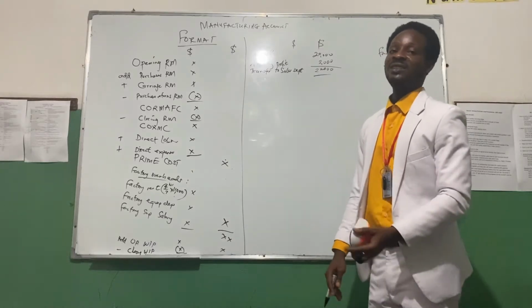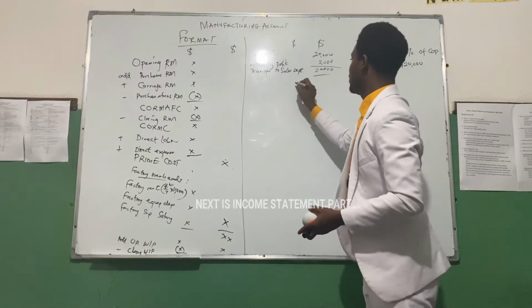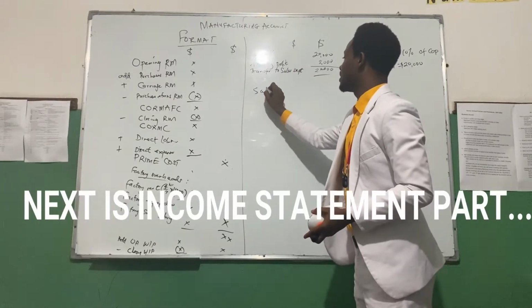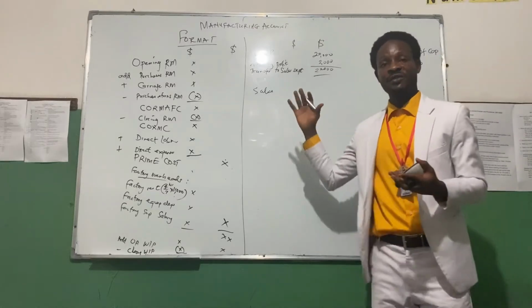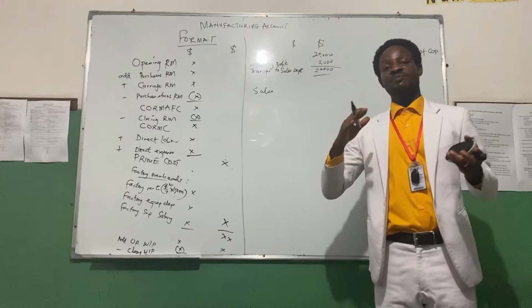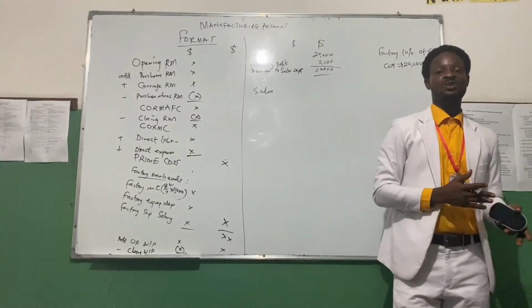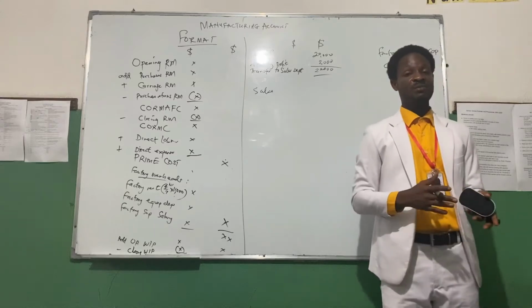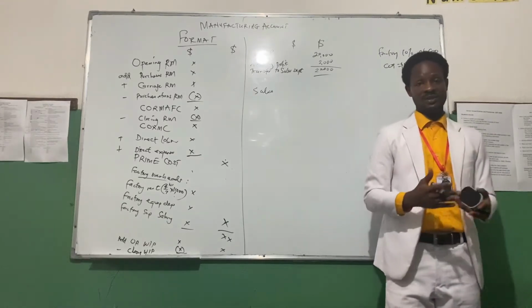Now the next thing is the income statement proper. Of course, the sales department takes over from the income statement. The income statement shows us sales and cost of sales to get gross profit. Then the profit and loss part shows us additional income plus gross profit, if we have, less all expenses.